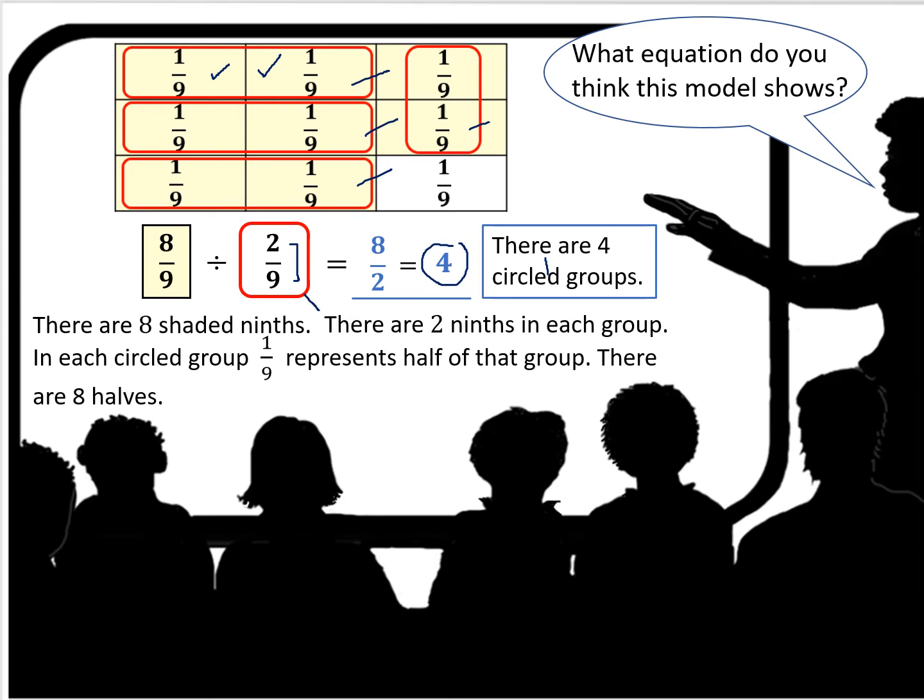And once again, if I take my quotient 4, which is over 1, and I multiply it times the divisor, which is 2/9, I should end up with my dividend, which is 8/9. Well, 4 times 2 does equal 8, and 1 times 9 equals 9. There we have it. Check.